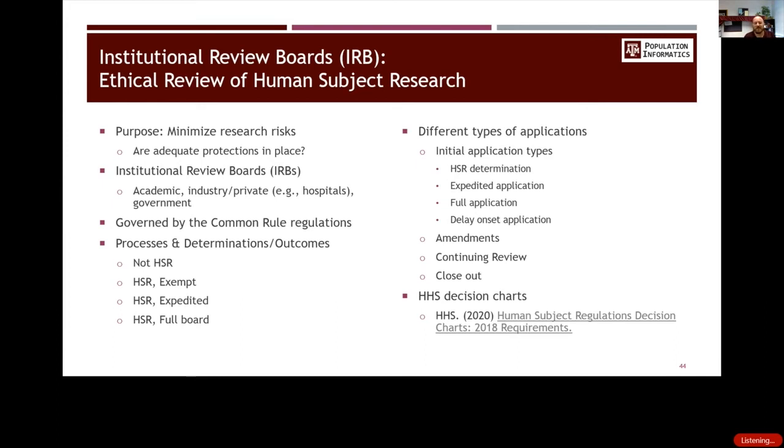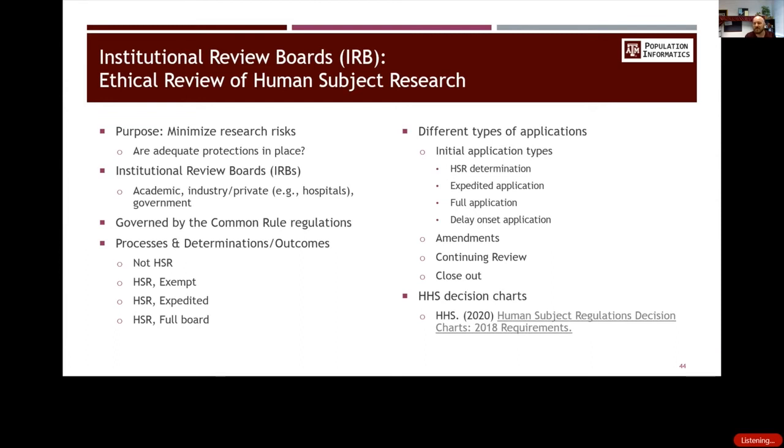There are IRBs at academic institutions and industry and private businesses like hospitals. There are IRBs in government agencies. And their role is to fundamentally follow these Common Rule regulations to ensure that the risks are appropriate for research subjects.